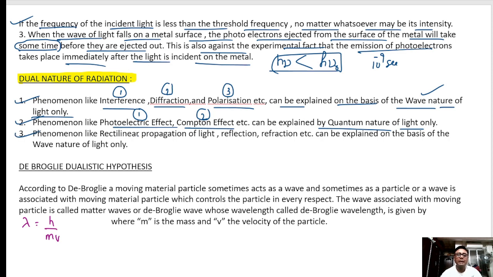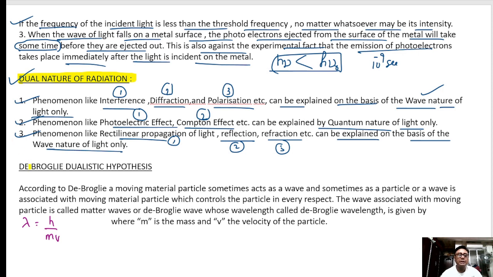Third, phenomena like rectilinear propagation of light, reflection, and refraction can be explained on the basis of wave nature. That means there are certain effects which can be shown with the help of the wave nature of light, and certain effects which can be shown with the help of the particle nature of light. And that is why we say light is of dual nature.